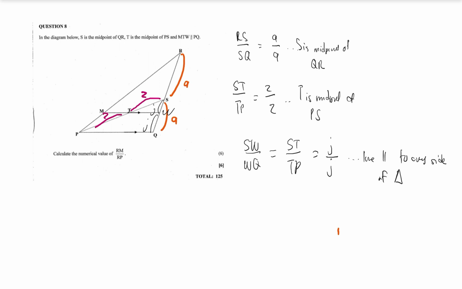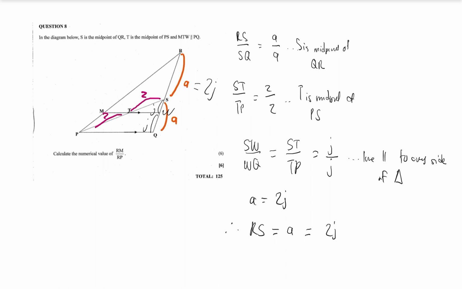I can say A is equal to 2J. We can see that on my diagram, right? What does this mean? This means that my RS, which is equal to A, is now equal to 2J. So over here I have 2J.